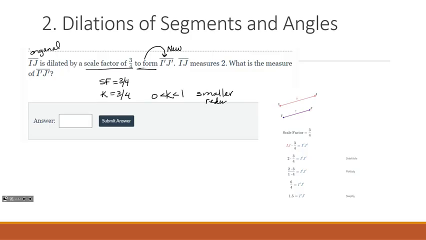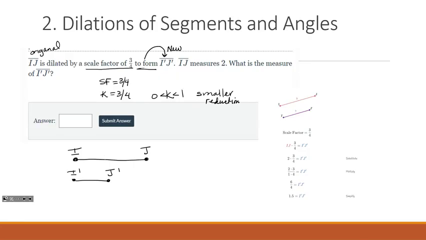It's going to be a reduction. So if you have I to J right here, capital I, capital J, it's going to I prime, J prime, which means it's going to be smaller. Prime means the new.